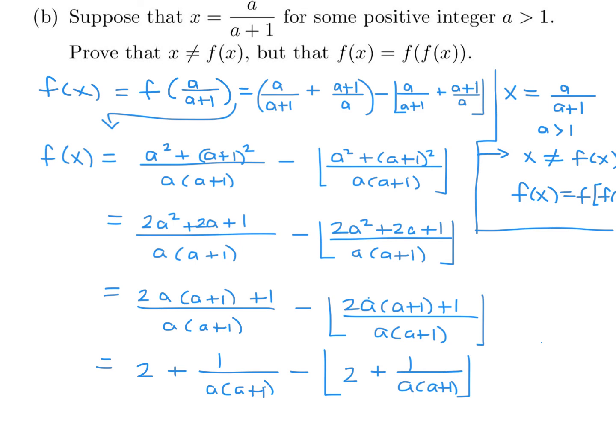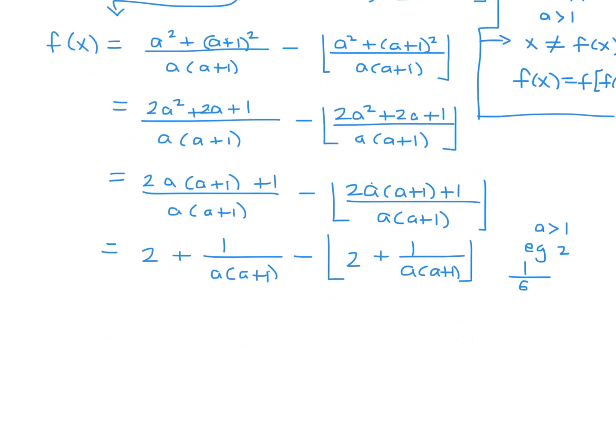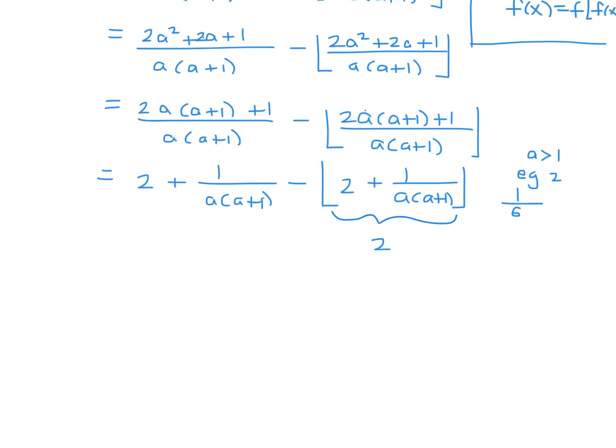So if a is greater than 1 and it's a positive integer, for example, if it's 2, then notice this part would be a fraction. And in the case of a equal to 2, it would be 1 over 2 times 3, which is 6. So that would mean 2 plus 1 over 6, if you take the bracket, would just drop down to 2. And that is the key point here, that this part will always be 2 if a is greater than 1. So that means this would be 2 plus 1 over a times a plus 1 minus 2, and that just leaves you with 1 over a plus 1.